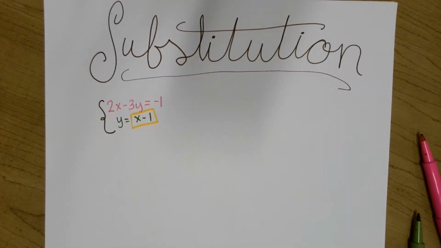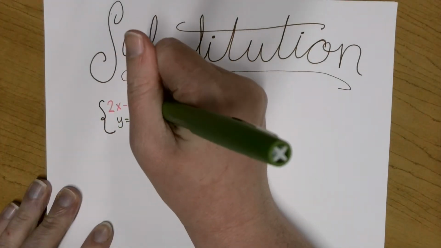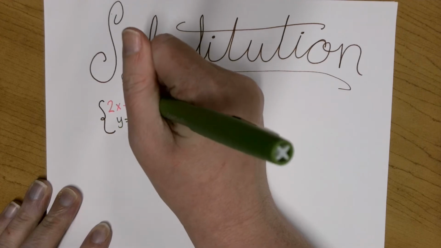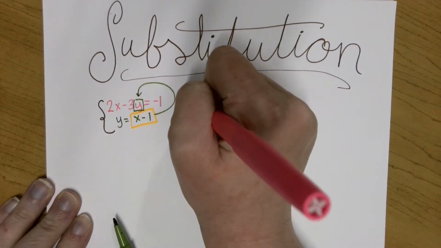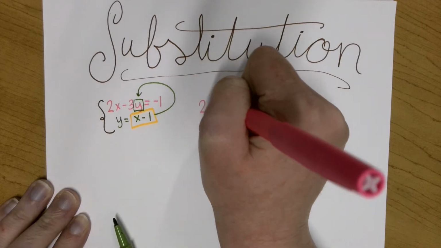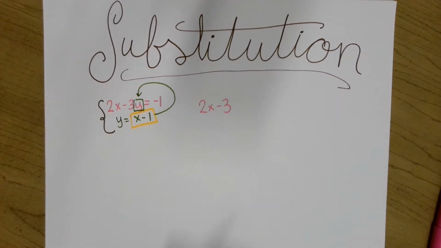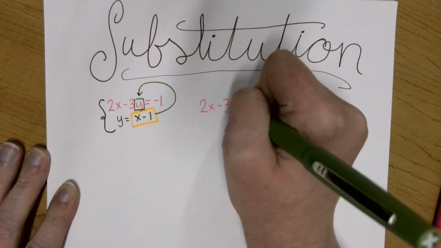So what I'm going to do is in the pink equation, I'm going to replace the y with x minus 1. So I'm going to rewrite this over here. I'm going to do 2x minus 3y, except that y is now x minus 1.